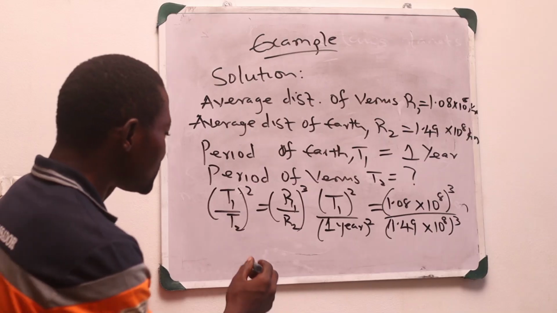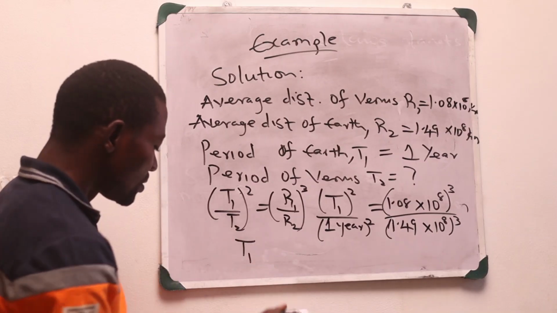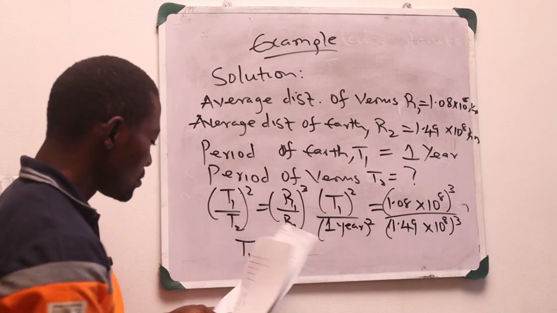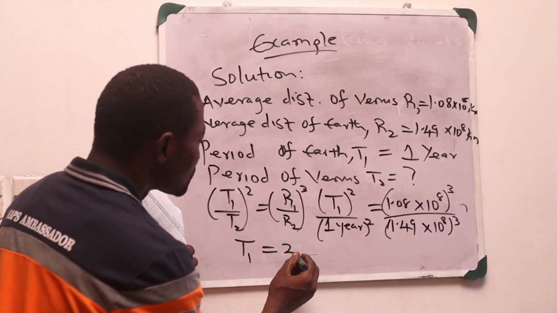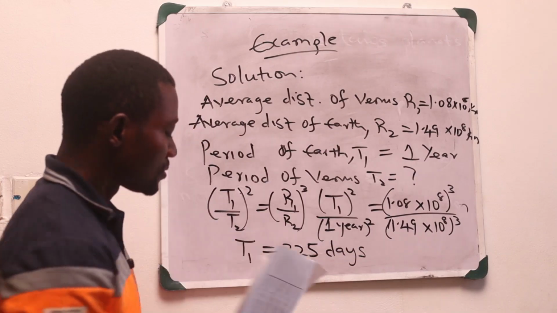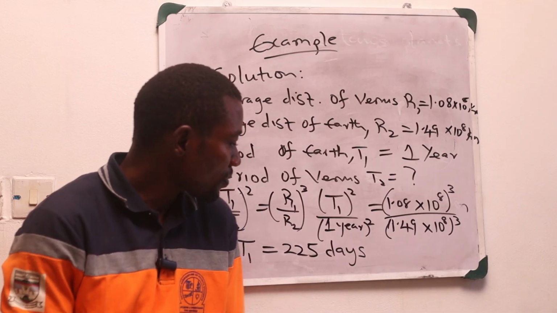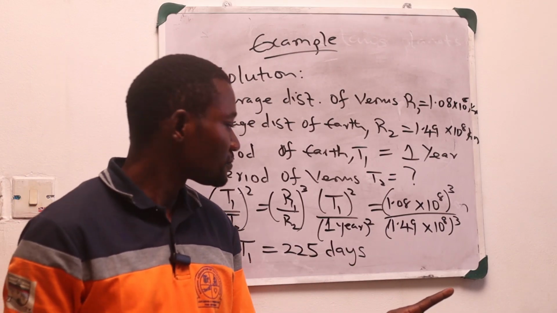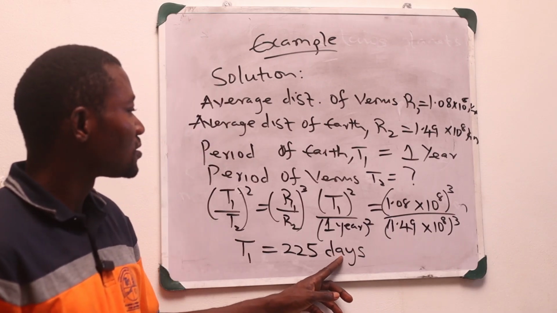So if we simplify this, we'll have the period of Venus to be equal to 225 days. Normally in astronomy, one of the units of time is days.